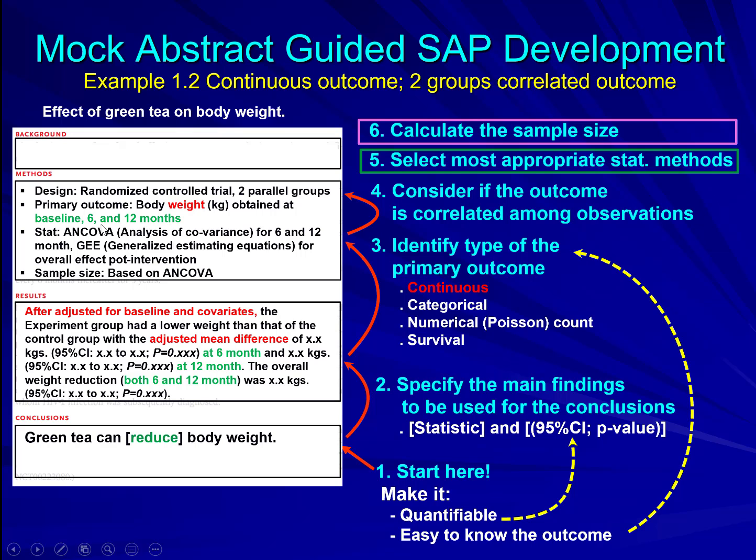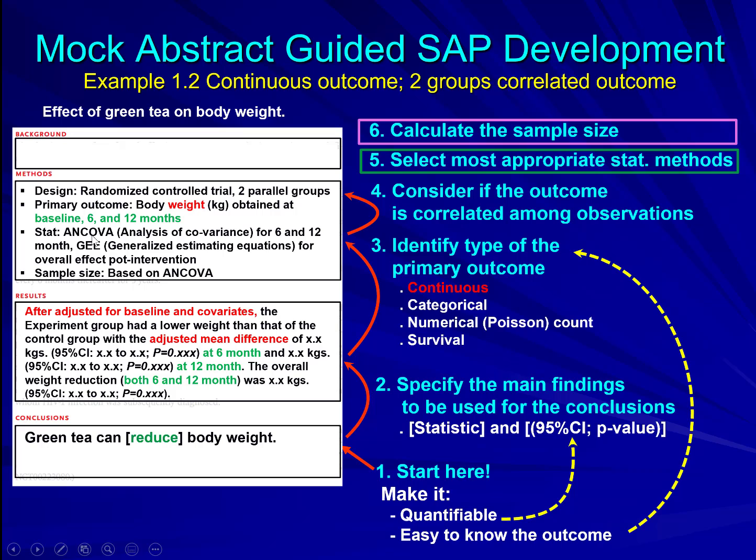So then we need to provide the magnitude of effect at 6 months, at 12 months, and overall for both points of measurement after intervention, and also account for baseline, especially if there is imbalance at baseline between the 2 groups. It is essential. How to handle this?